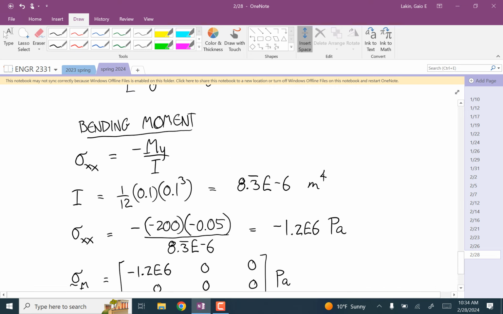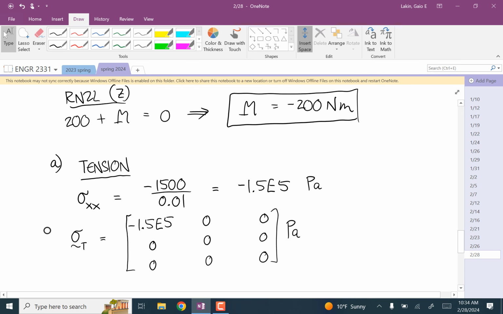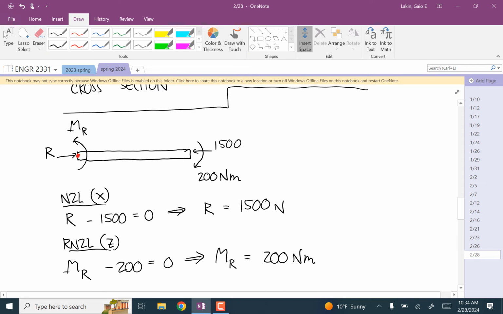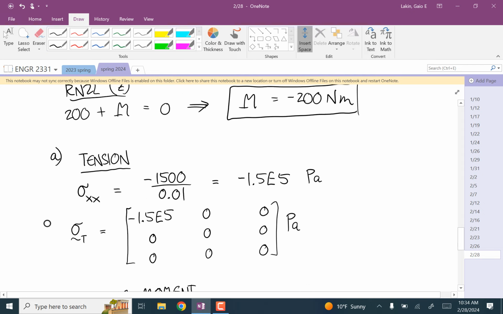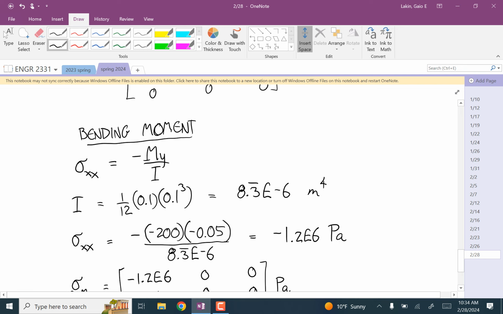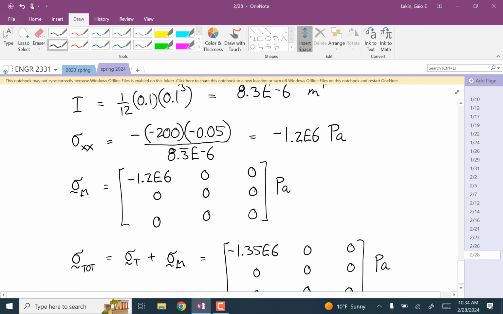And one thing I want you to notice is the reason I changed from the top to the bottom. If we had used the top, that y would have been positive, and our stress then would have come out positive. And so when we added those two stress tensors, we would have gotten those two stresses to counteract each other.